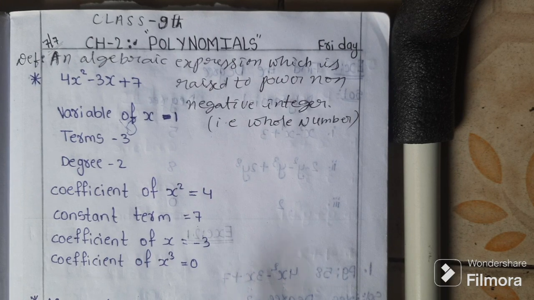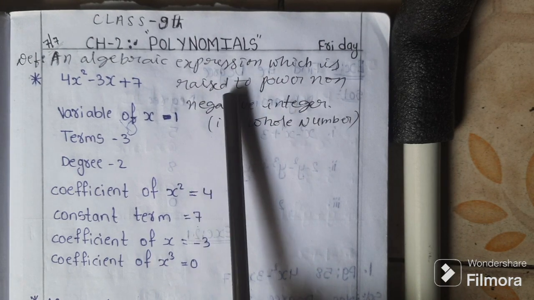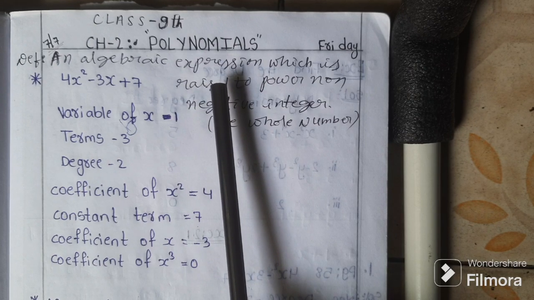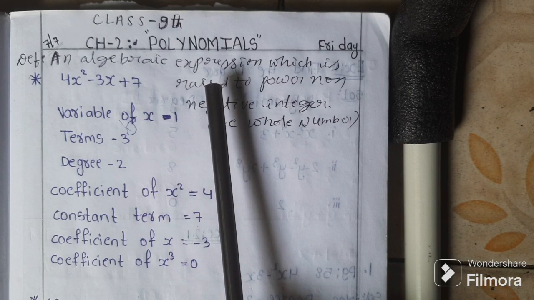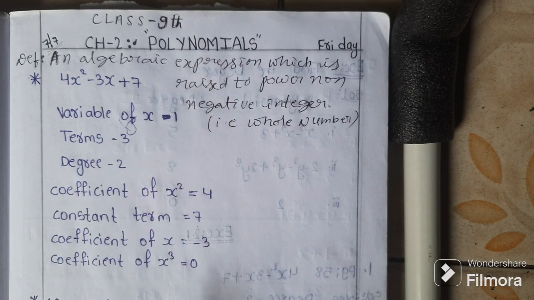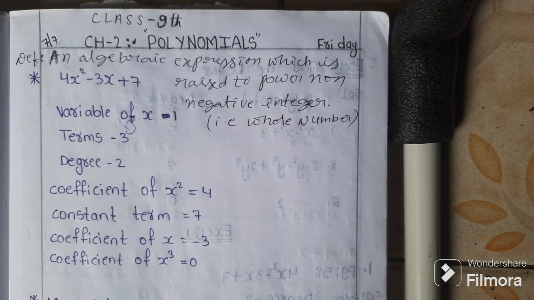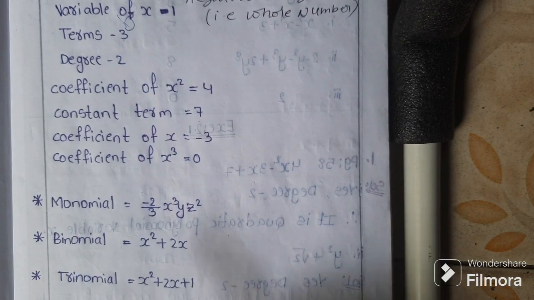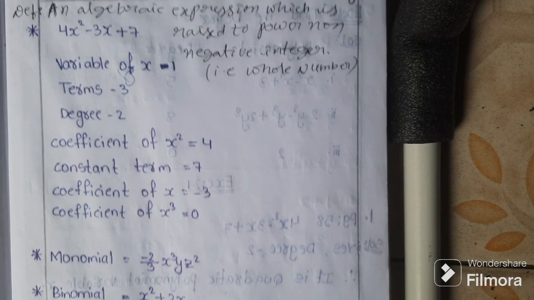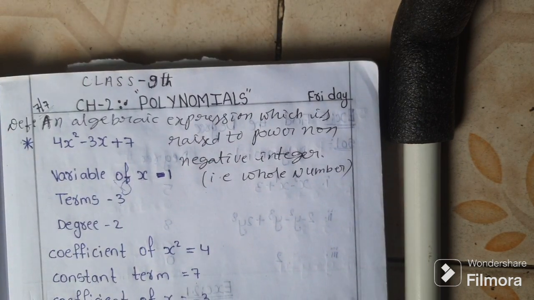Now we are going to discuss algebraic expression. What is an algebraic expression? A coefficient along with variables, with a plus or minus in between, is an algebraic expression. Suppose x plus y is an algebraic expression, x plus 2 is an algebraic expression.